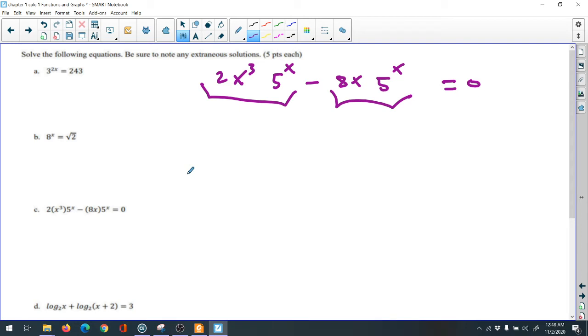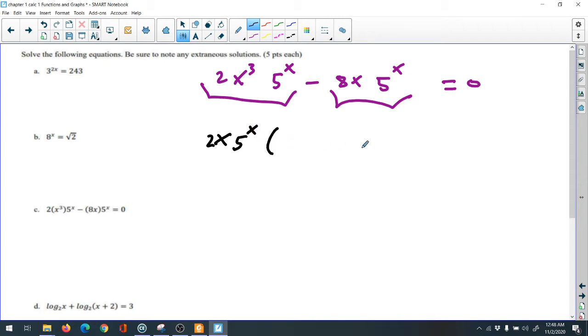Okay. And also we have 2 is common here, and x is common here. Let's do that. So we take from 8 and 2, we take 2 as common, and x to the third is common, x, and 5 to the x is common.